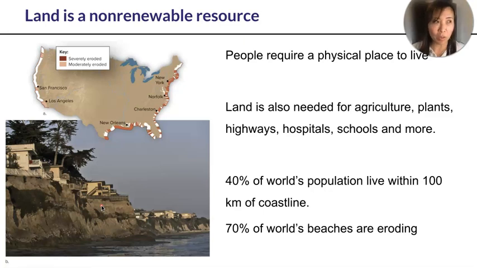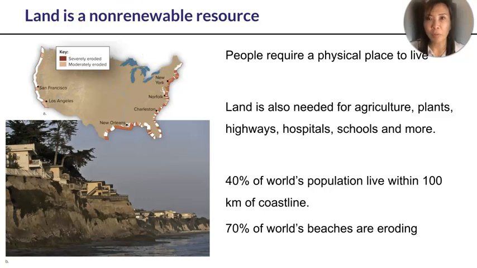But with the erosion, we're less protected if there is a storm. And so we can see here on the United States, these different coasts, and this picture shows you how severely eroded these different lands are.